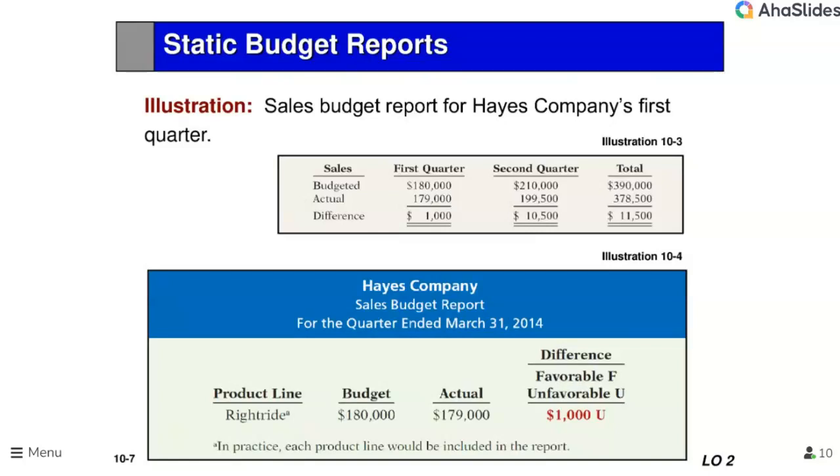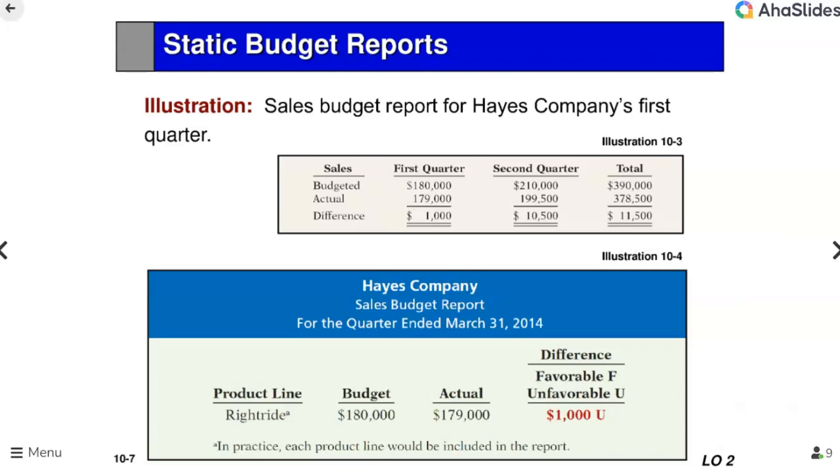Now we go one step further and we indicate whether that variance is favorable, we mark that with an F, or unfavorable, we mark that with a U. So you see, we have 1,000 here. We say it's unfavorable because we did not achieve the budget. We were 1,000 short of achieving the budget.